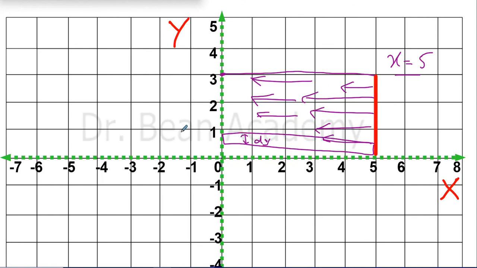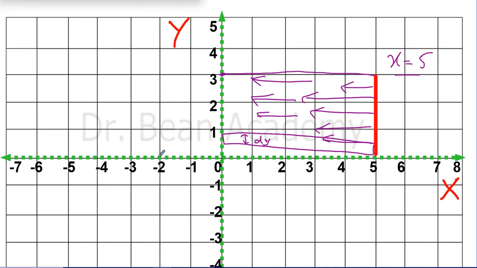So now how will I calculate the integration? I will have the same integration, but now there are some changes. First, the limit of integration is from 0 to 3, right? You see, because now the orientation is reversed.